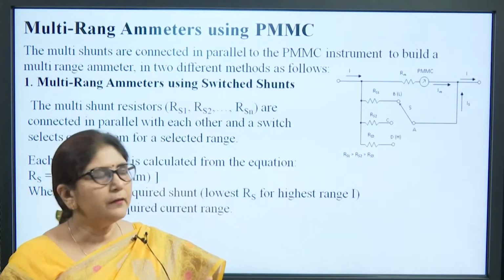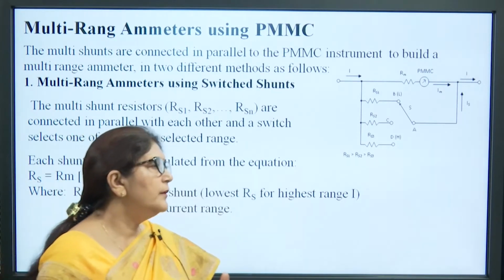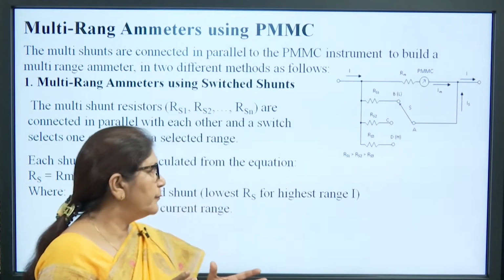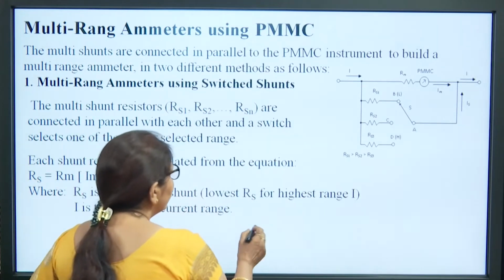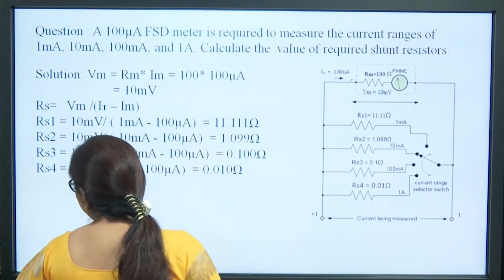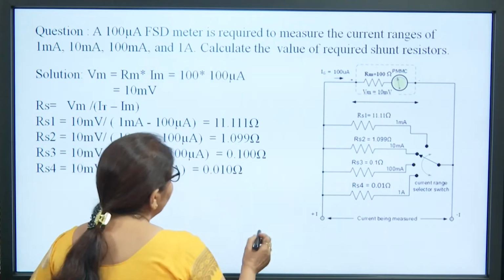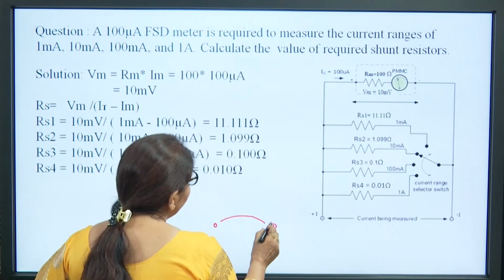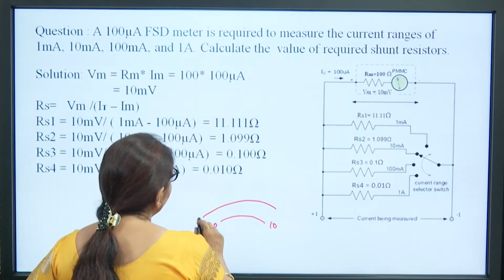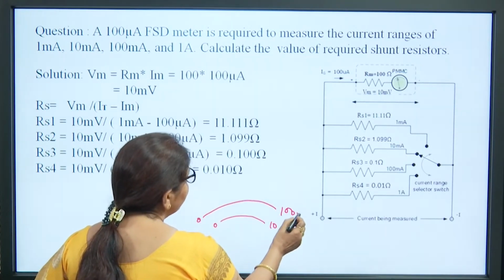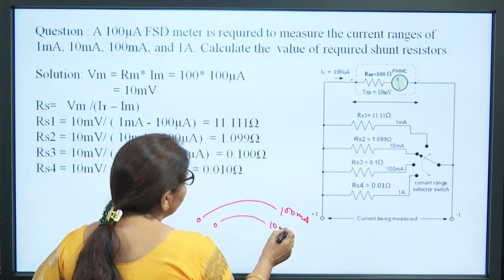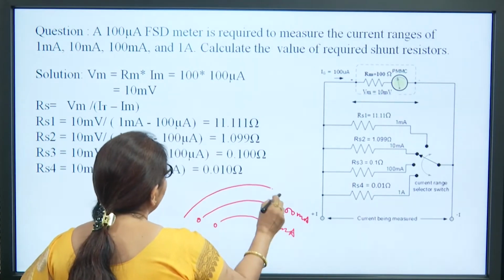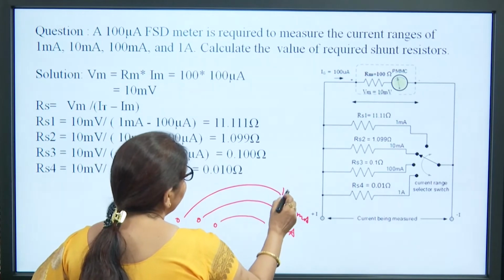Now, we can make a meter to measure different values of current. So, there are so many scales. One scale is measuring 0 to 10 milliampere. Next we need a scale that can measure 0 to 100 milliampere. So, we need one more scale, suppose it can measure 0 to 1 ampere.